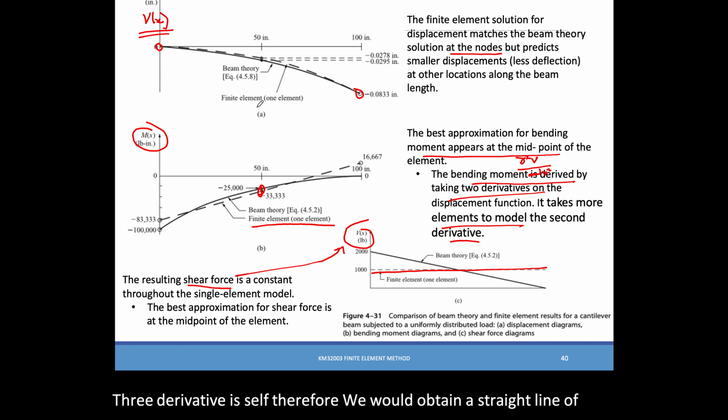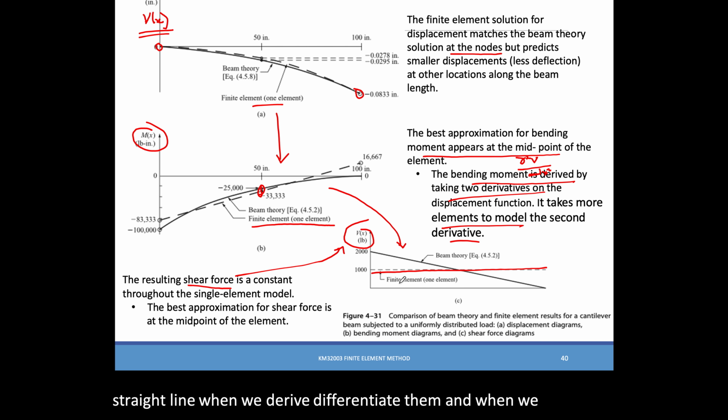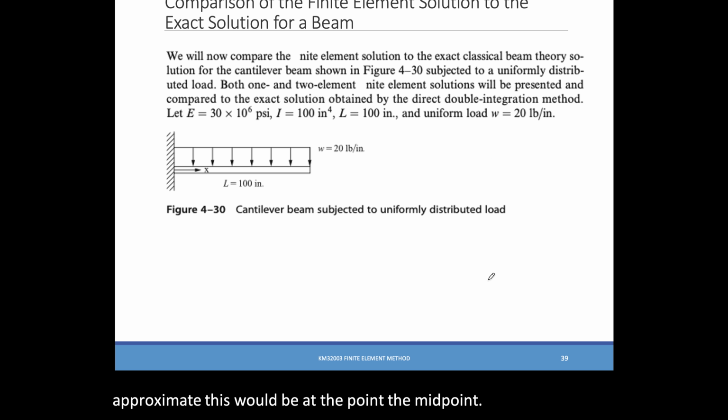From a curved line it becomes a straight line when we differentiate, and when we differentiate again we obtain a constant, right? So the best point again to approximate this would be at the midpoint. You will see that the error increases at the end of the element itself.